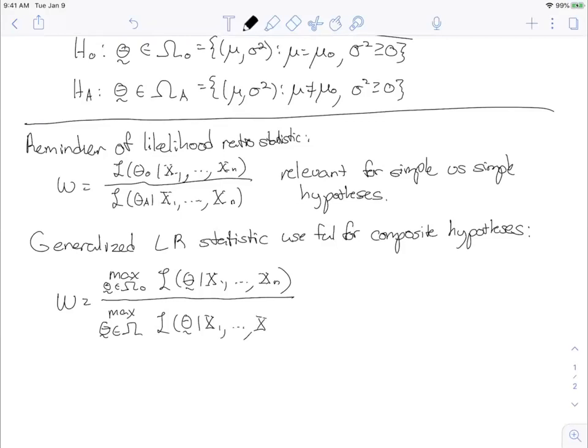And just to note that this definition that I'm giving here is good enough for our purposes. If you've taken real analysis, the really technically correct definition should be the supremum instead of the maximum. But not everyone has taken real analysis, so I'm just going to stick with maximum, which is good enough for today. And so just in words, this denominator is the maximum of the likelihood function.